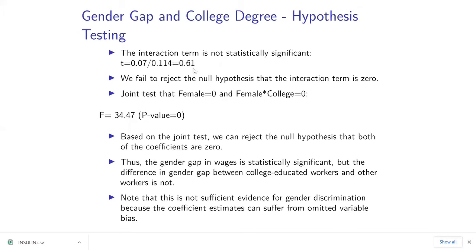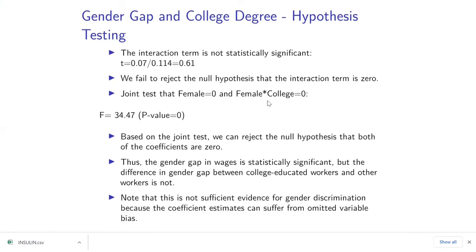However, just because we fail to reject a null from this t-test, it doesn't mean that the gender gap on wages doesn't exist. To formalize the answer to this question, we can do an F-test by restricting all the variables that contain a female dummy to 0.